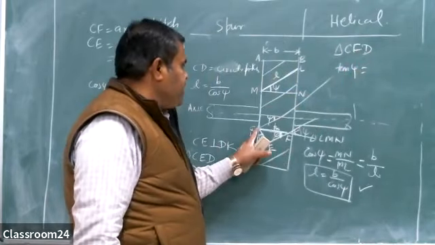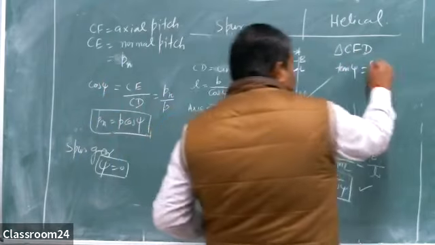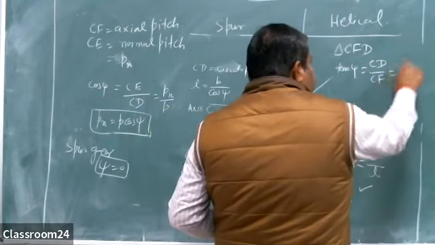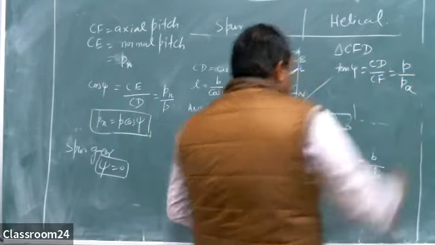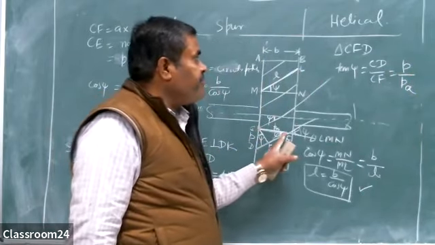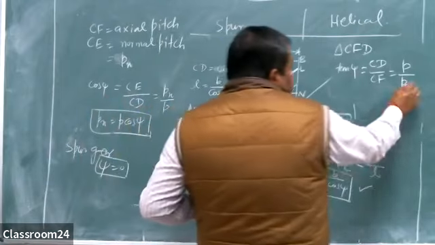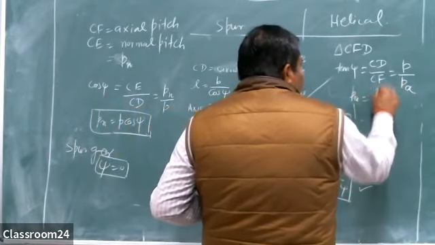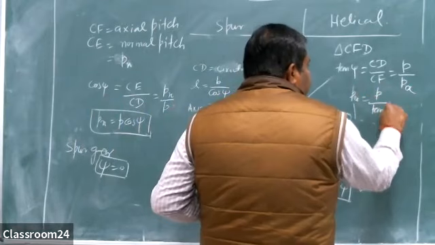Perpendicular is CD, base is CF. So it is CD divided by CF, so it is P divided by PA. It is circular pitch and axial pitch. So from here, PA will be given by P divided by tangent of psi.